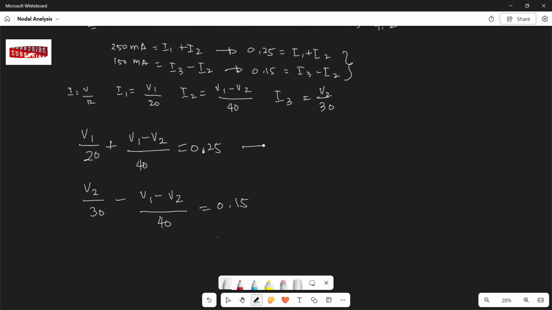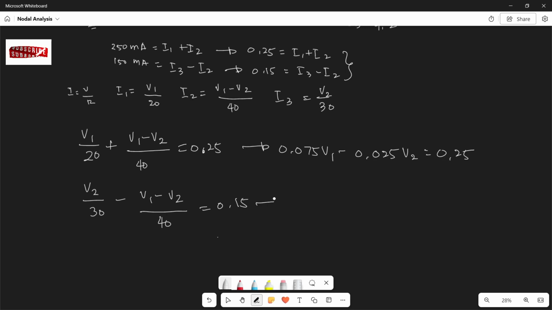So this will become 0.075 V1 minus 0.025 V2 is equal to 0.25.